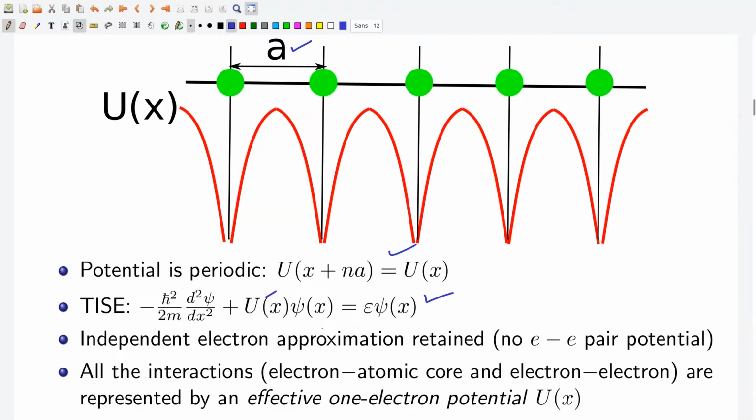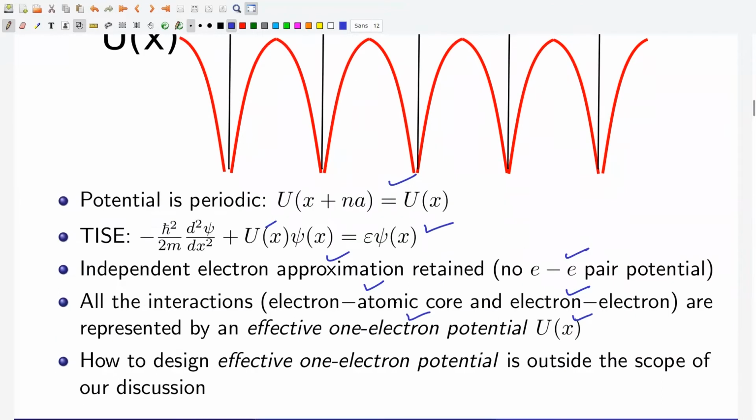We stick to independent electron approximation such that we do not consider electron-electron pair potential. All the interactions, including electron atomic core and electron-electron, are represented by an effective one-electron potential U of x. Designing such effective one-electron potential is a complicated problem and outside the scope of our discussion.